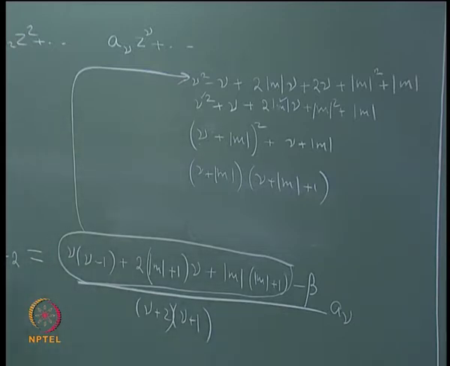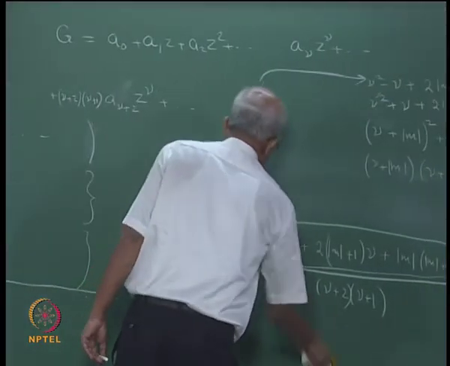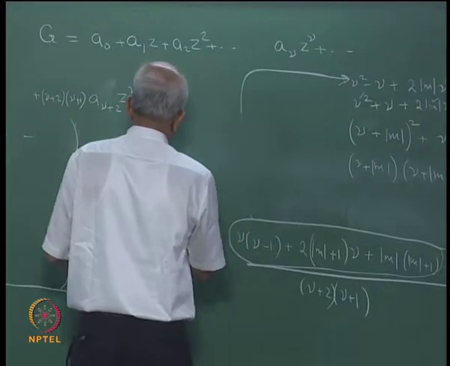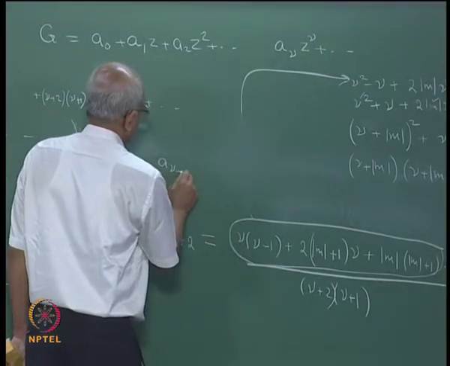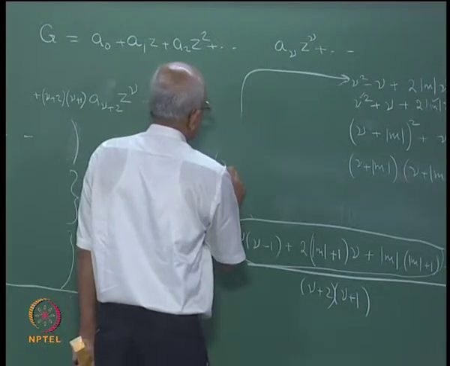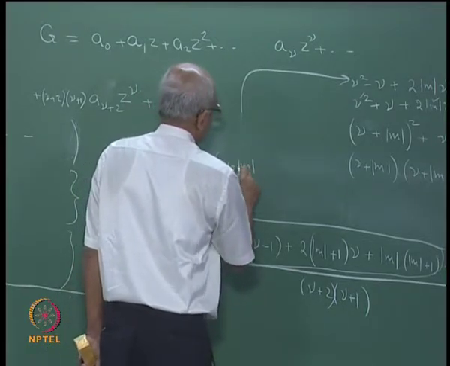So, therefore, the recursion relationship actually simplifies. Let me just write this once more. It says that A nu plus 2 is equal to the expression in nu plus magnitude of m, multiplied by A nu.